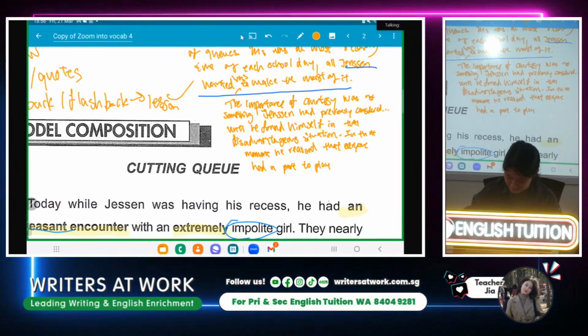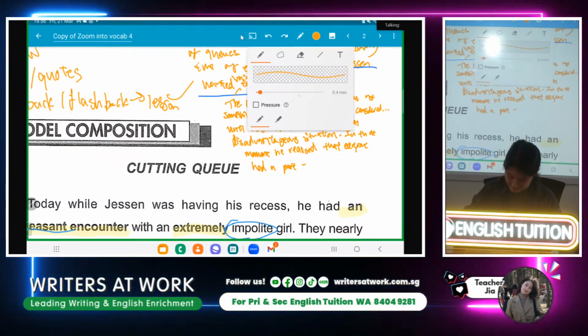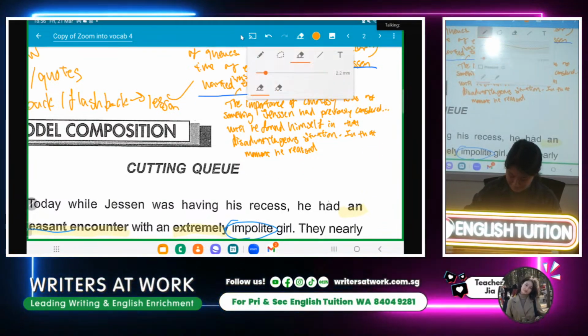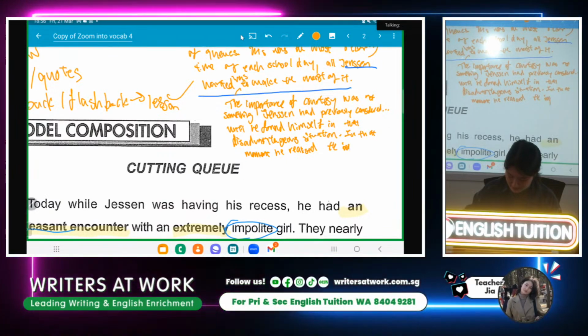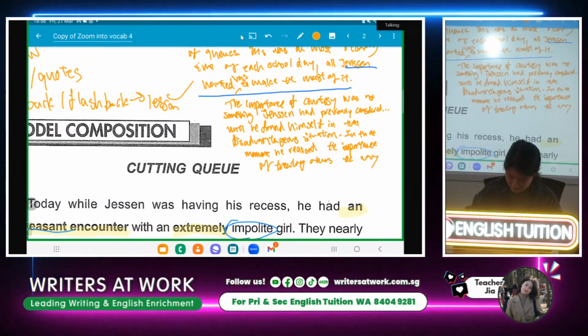Actually, this last paragraph isn't very good, I'm writing it offhand right now. In that moment, he realized the importance of treating others the way he would like to be treated.